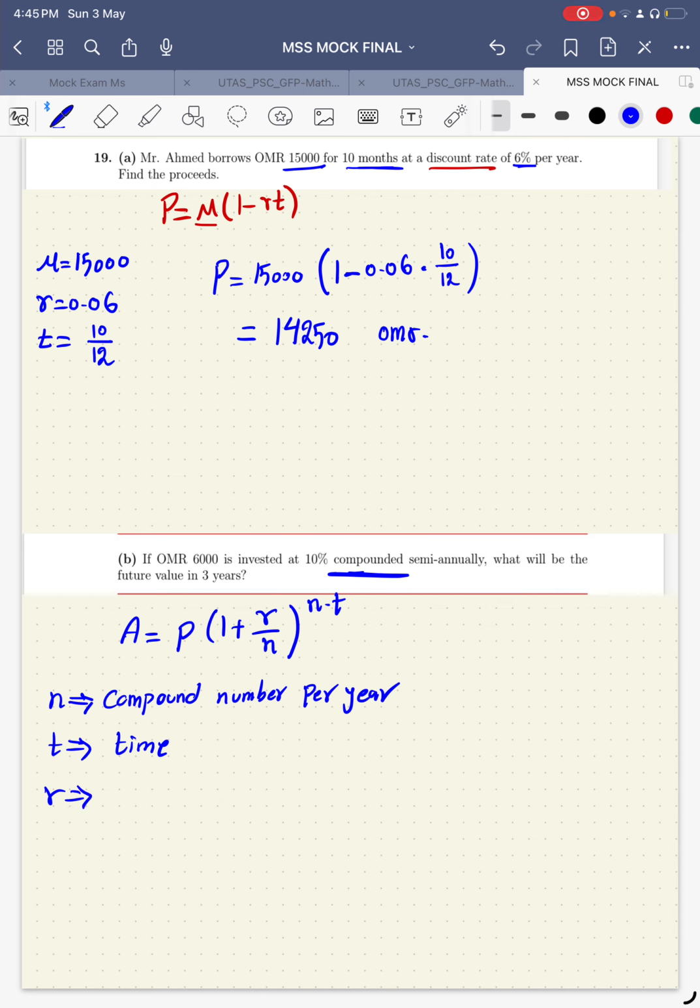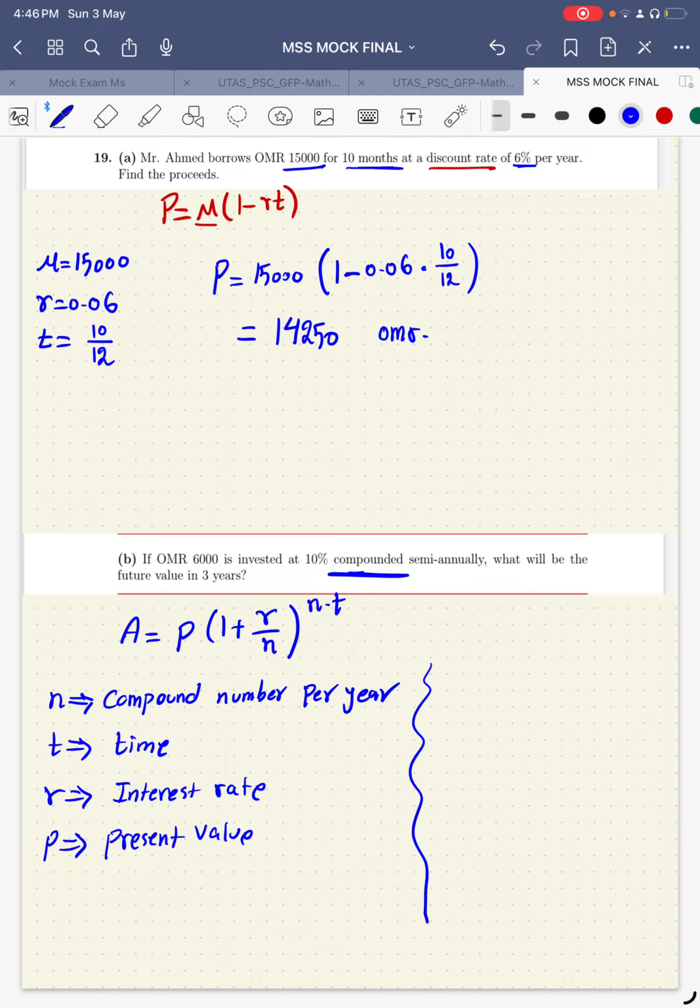R is the interest rate, and B is the present value.